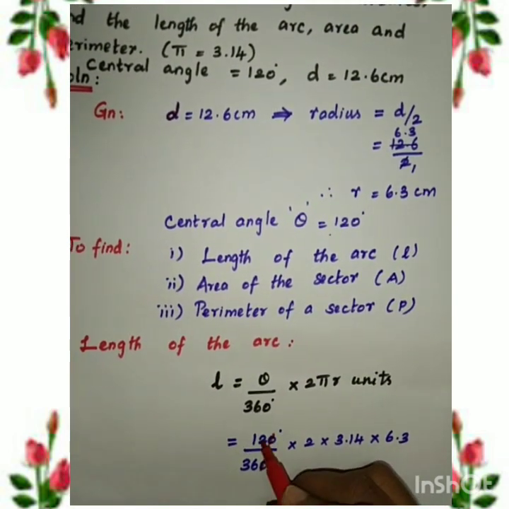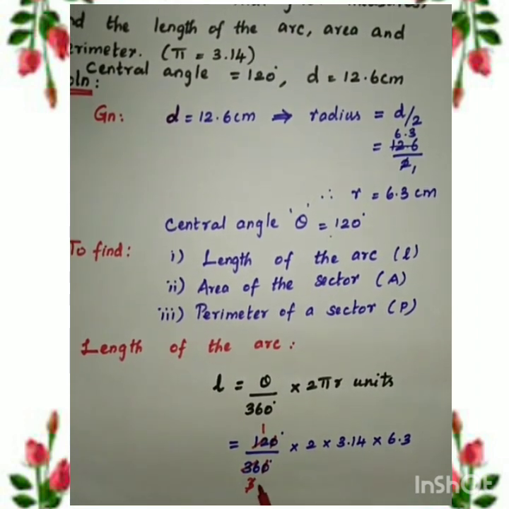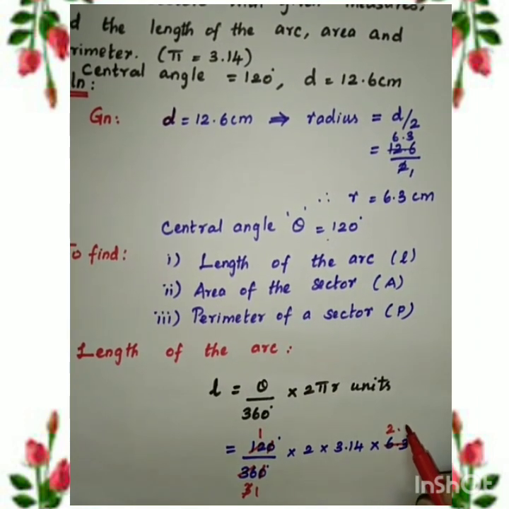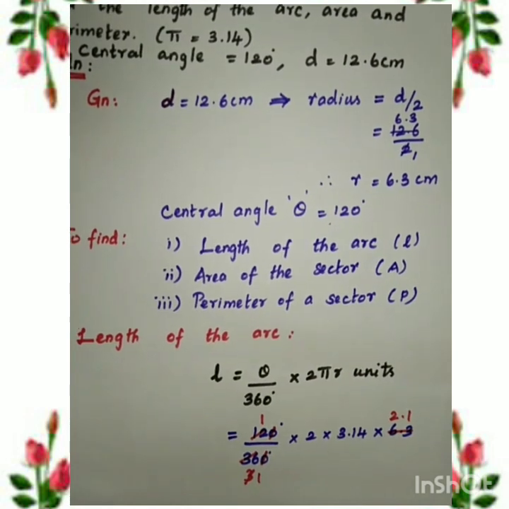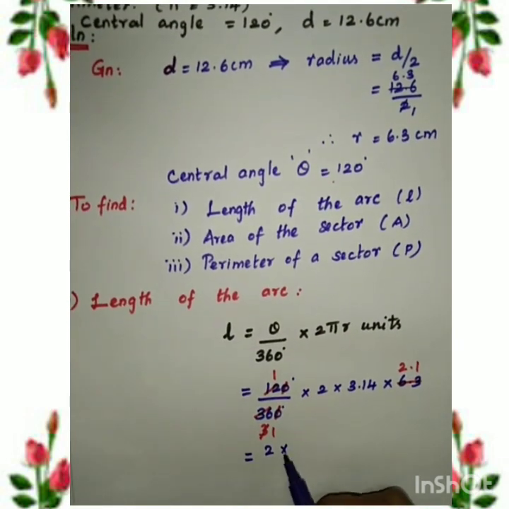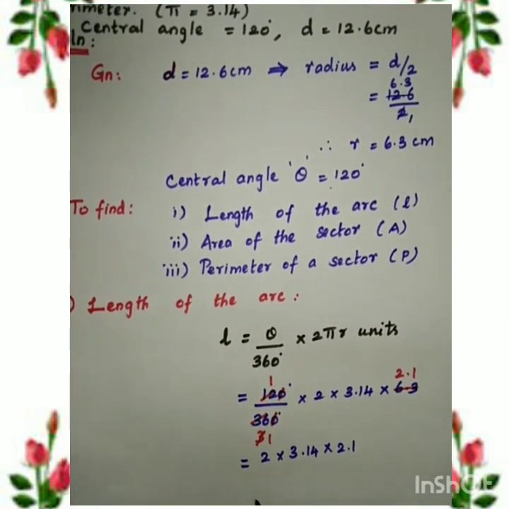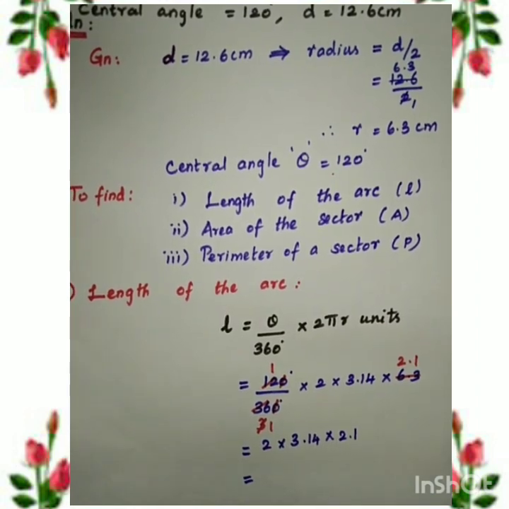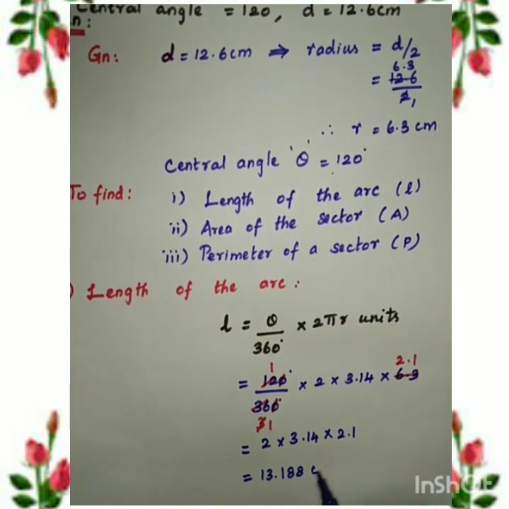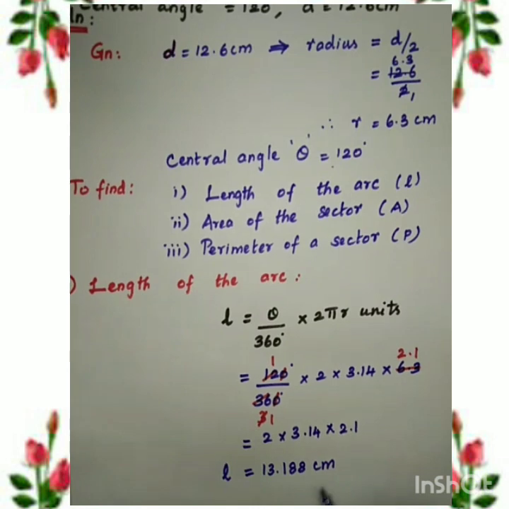First 0 we can cancel, 12 ones are 12, 12 threes are 36, then we can cancel with the 3 table, 3 ones are 3, 2 threes are 6 and 3 1 is 3. So remaining values we are going to multiply. So the numerator is 2 into 3.14 into 2.1. After multiplying you can get 13.188 centimeter. Therefore length of the arc is 13.188 centimeter.